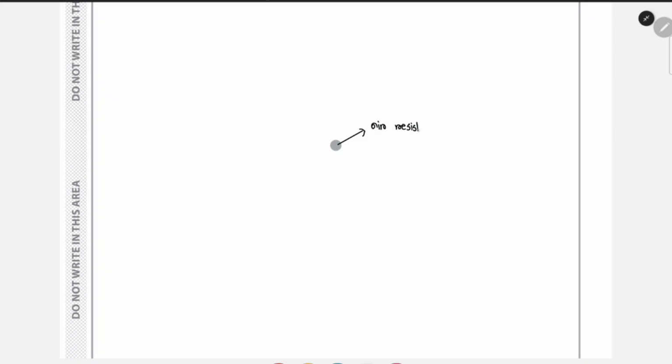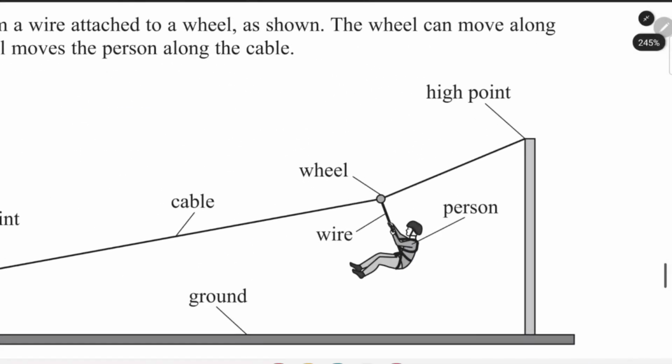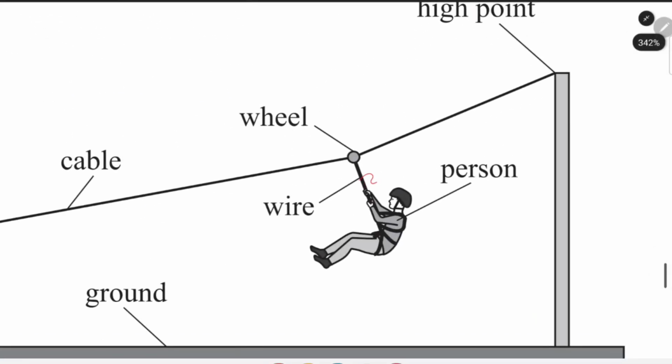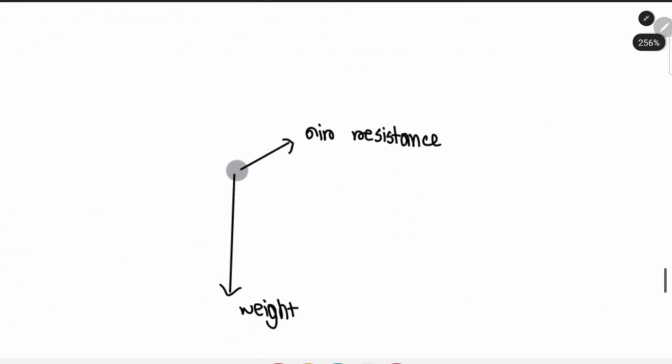We have air resistance here, and we have his weight over here, the downward force, and then this is the contact with the wear. So the wear is giving him a force in this direction.